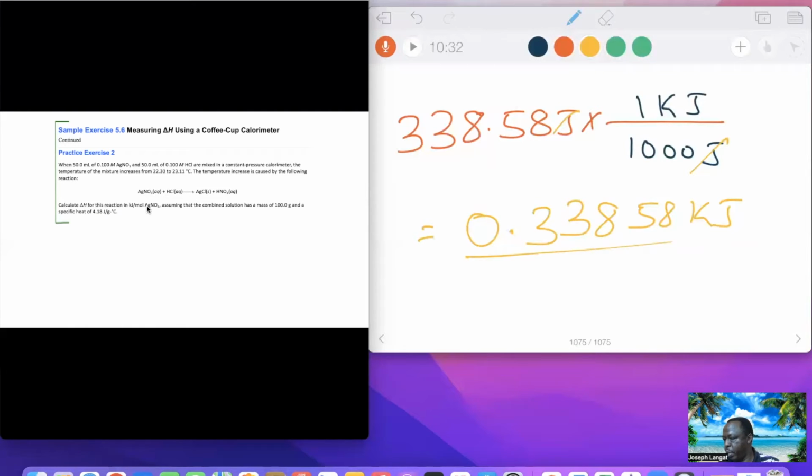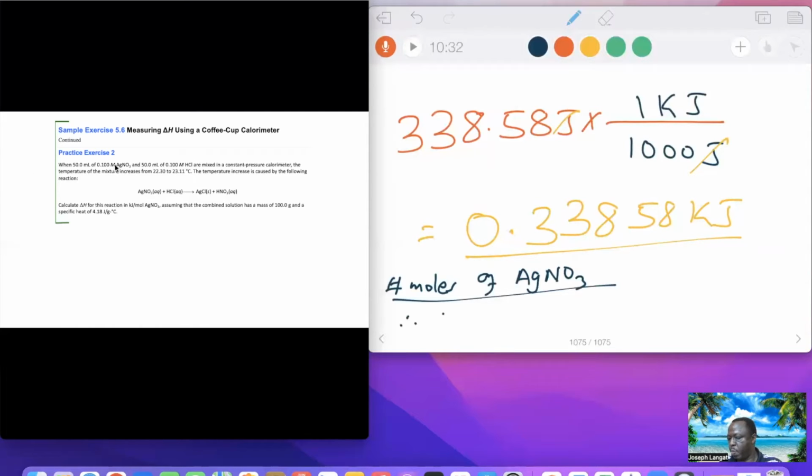So we need to find the number of moles of silver nitrate, AgNO3. We have to use the molarity. We have 50 mL.